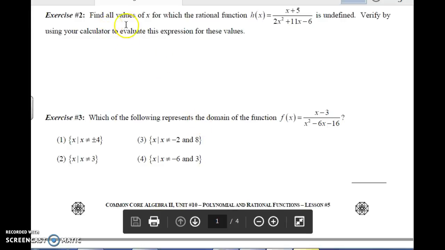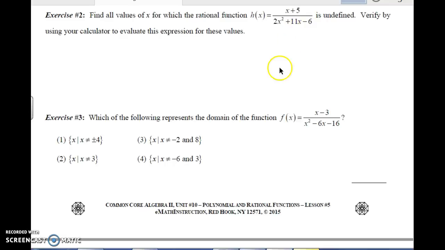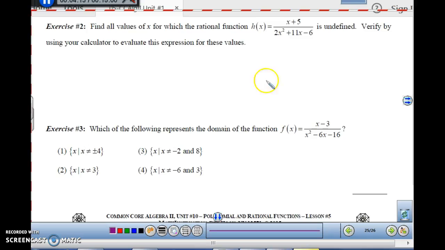Okay, so if I want to find all values of x for which the rational function h of x equals x plus 5 over 2x squared plus 11x minus 6 is undefined, verify by using your calculator to evaluate this expression for these values. Okay, now undefined means the denominator is equal to 0. So if I take 2x squared plus 11x minus 6 equals 0, that'll give me the x values that don't work.